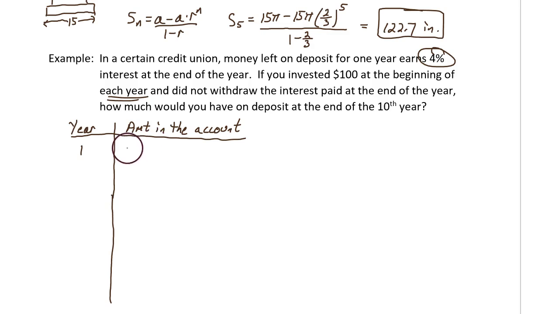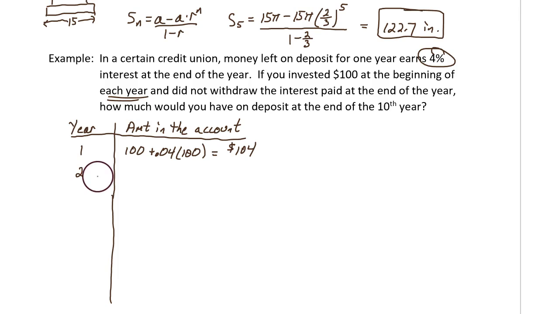It will contain the $100 that we deposited plus the interest that's earned. There's a 4% interest rate, so to find that interest, 0.04 times 100. 4% of 100 is $4, added to the 100 is $104. After 1 year, there's $104 in the account.